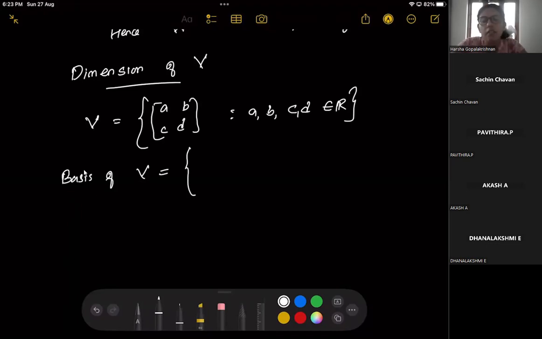The cardinality of the basis of V is the dimension of V. So basically, we need to find the basis of V. A basis of V means a linearly independent set which spans the whole V. So do you have any guess what can be the elements of the basis of V?